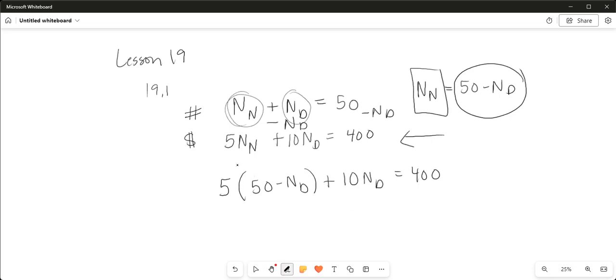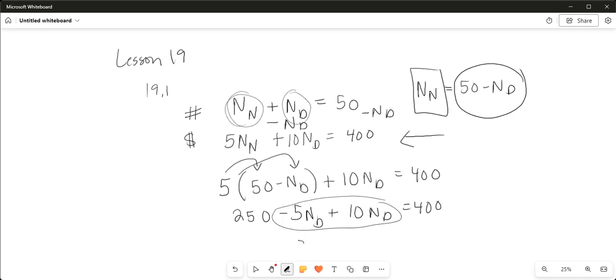And then I'm going to distribute. So 5 times 50, 250. 5 times negative ND is negative 5 ND, plus 10 ND. All right, and then combine like terms. So 250 plus 10 ND equals 400.